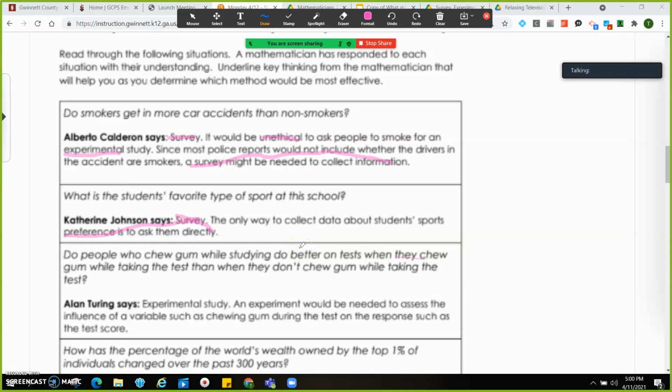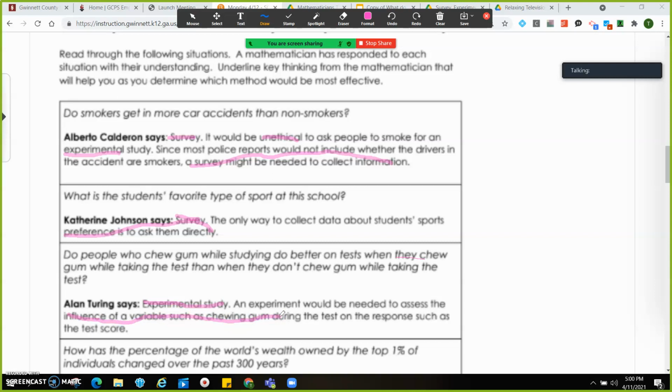Do people who chew gum while studying do better on tests when they chew gum while taking the test than when they don't chew gum while taking the test? So this has what was the influence of gum? So this will be an experimental study so that you can influence a variable such as chewing gum.